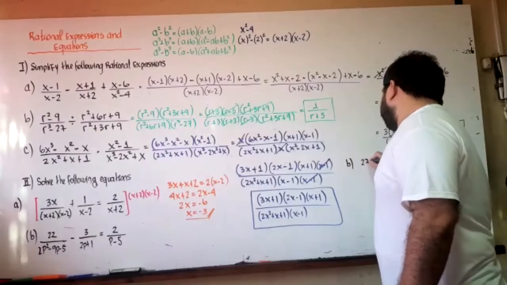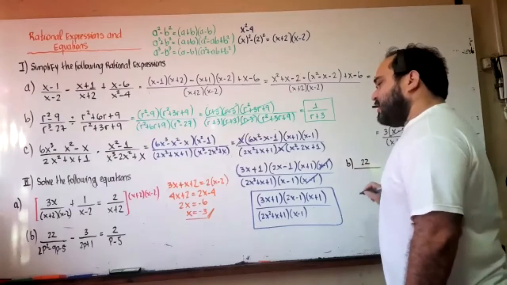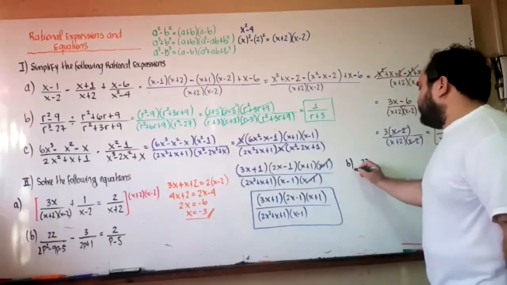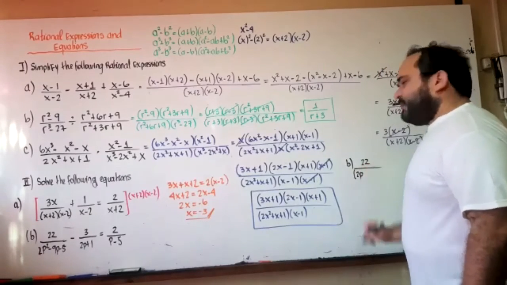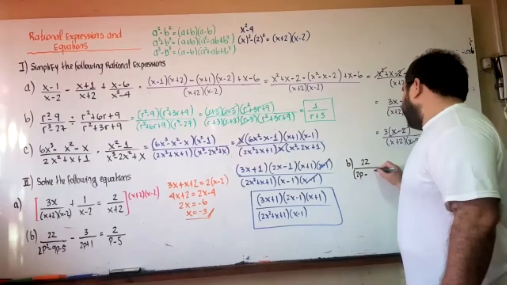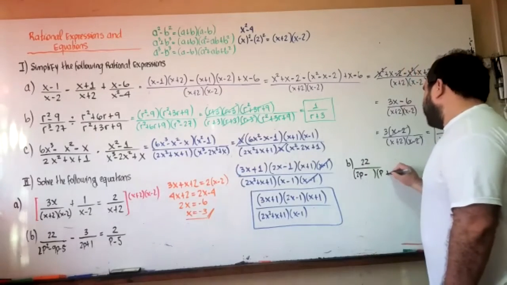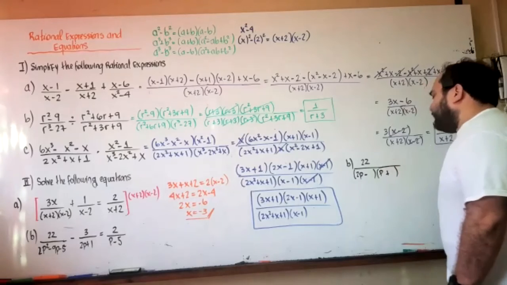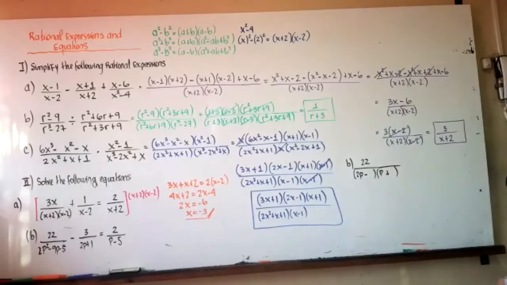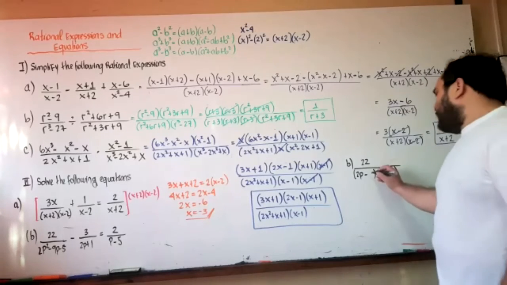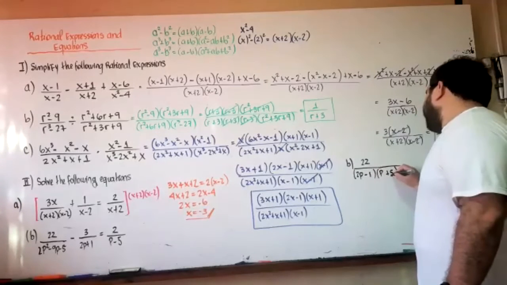Simplifying that trinomial, we got 2p negative and p, negative times negative will be positive. A couple of numbers with their product giving us 5 will be 1 and 5.